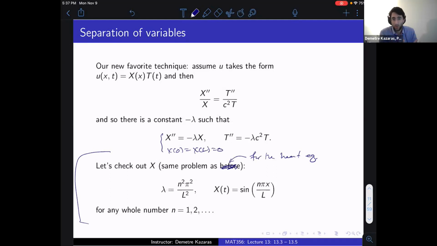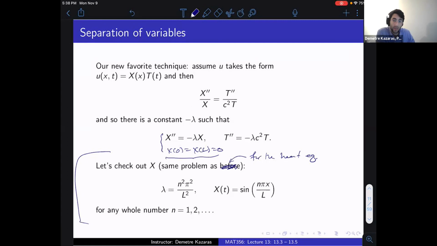Just to remind you how that worked, first we found out that lambda had to be positive. If x is not zero, then there's no solution to this equation for lambda negative. You can see that by integration by parts, or you can see that if lambda is negative, then you get exponential function solutions, and you're never going to achieve zero conditions at two different points for the sum of two exponential functions.